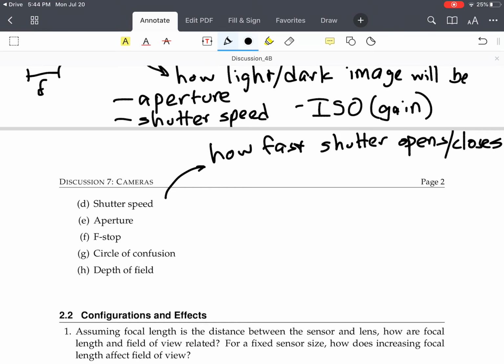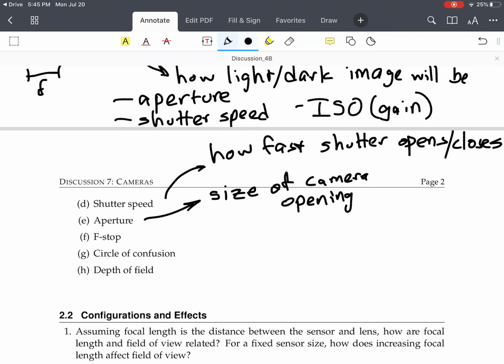Okay, so then the next one is the aperture. I briefly mentioned this, but it's the size of the camera opening. On those cameras that you can buy, there's an area where the light is coming in, and the size of that is often adjustable.